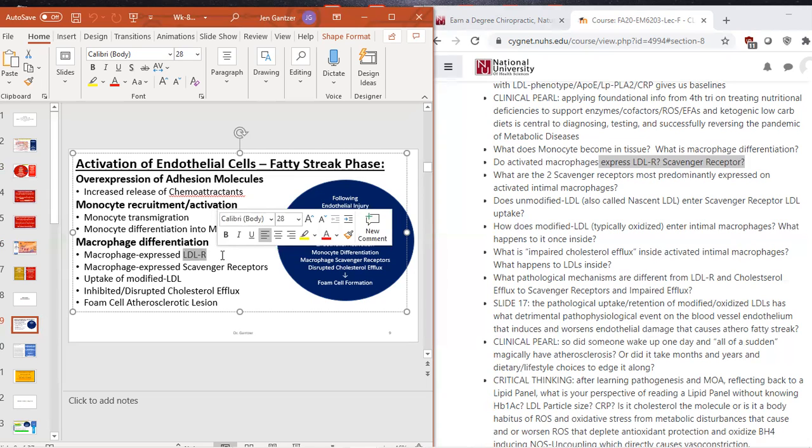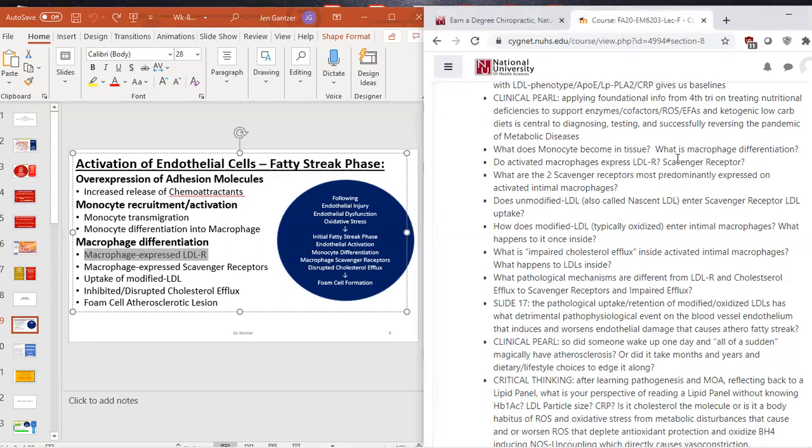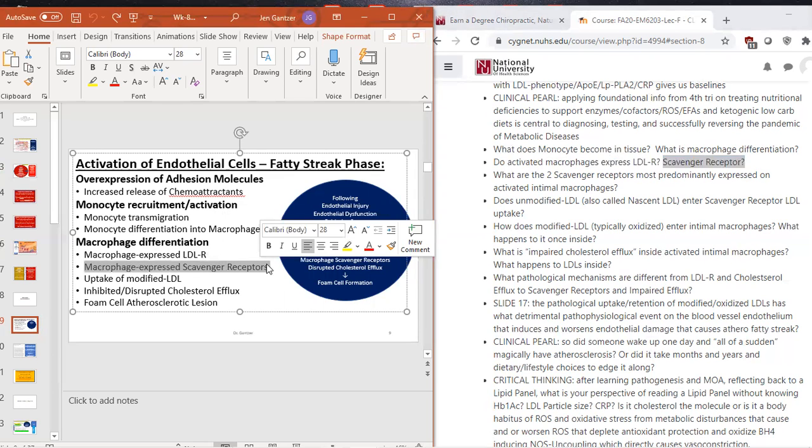A normal, healthy, physiological tissue that does not need cholesterol will not express the LDL receptor. So what are we finding here? Macrophages are expressing the LDL receptor once they are activated inside the intima, the intima blood vessel. What else is it expressing? Ooh, we're learning the scavenger receptors. The macrophage is going to express what we call scavenger receptors.